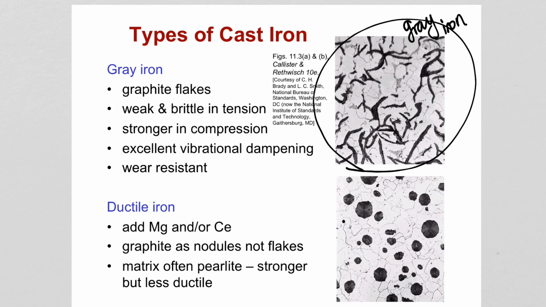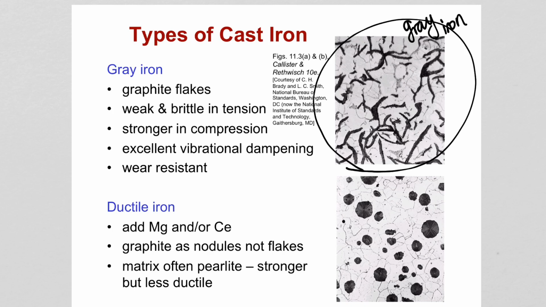You can see this type of structure because you see the graphite flakes have sharp and pointed tips. These create regions of stress concentration when tensile stress is applied. Therefore, this is weak and brittle in tension, but not in compression, because under compression those points do not act as stress concentrators.